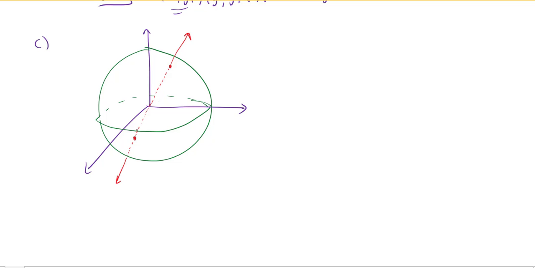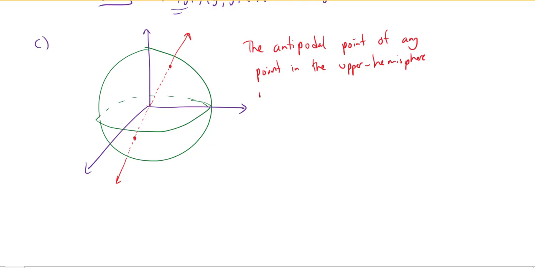So the antipodal point of any point in the upper hemisphere is in the lower hemisphere.